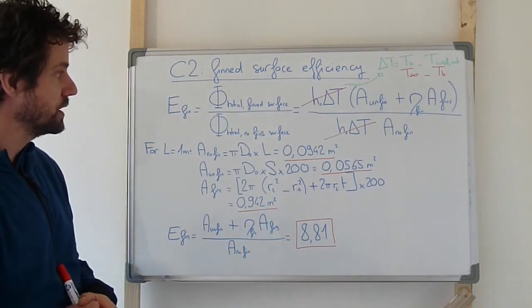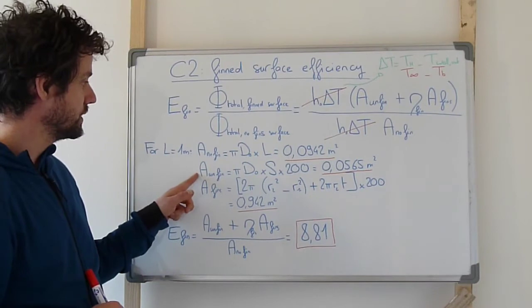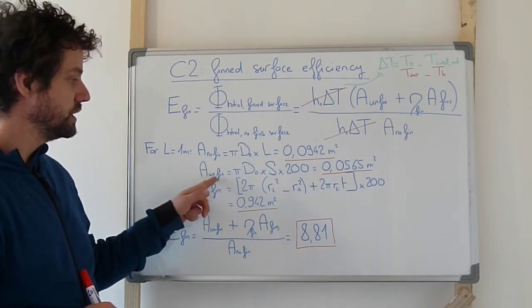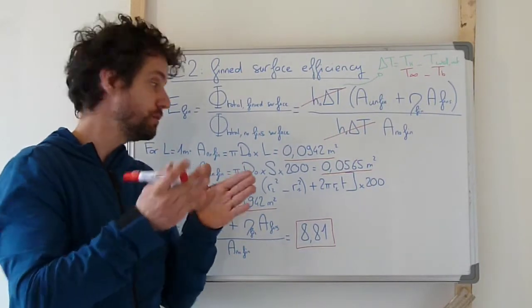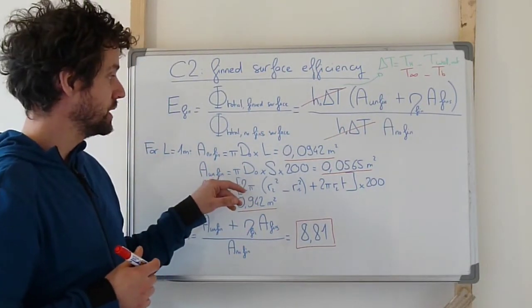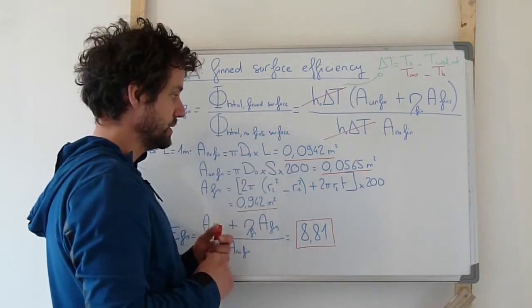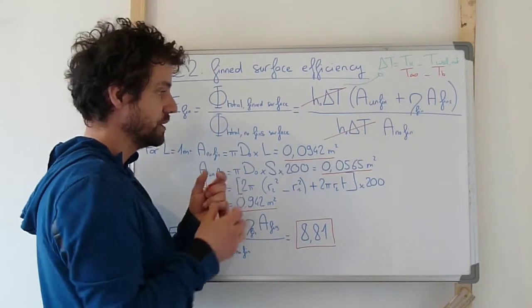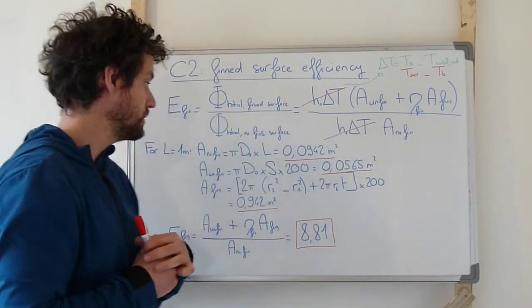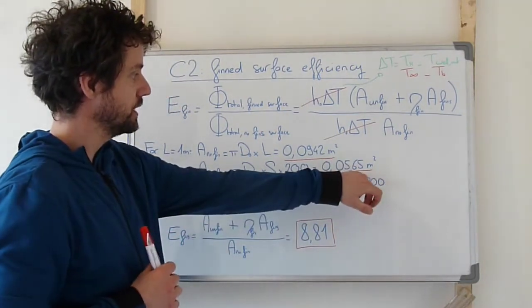The surface without fins is just the surface of a cylinder, and we can calculate the value: 0.0942 square meter. Then the area unfinned, so the area of the tube between the fins, this time it's 200 times the surface that we have between two fins, because we have 200 fins per meter, and here we find 0.0565.